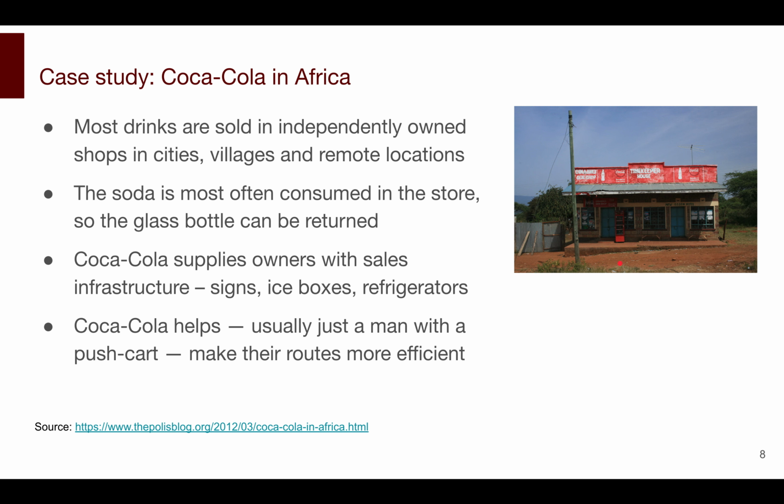I believe some rural areas, if they have solar panels, could support small solar-powered fridges. So even in some very remote places in Africa, if you can afford it, you could buy and enjoy an ice-cold Coca-Cola. And Coca-Cola even helps the delivery people make their routes more efficient by perhaps knowing about the map and the travel times and helping them plan their routes, for example.